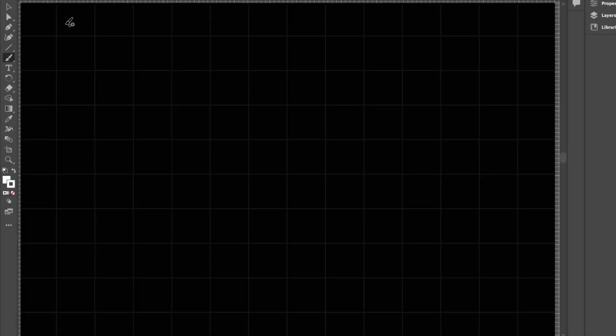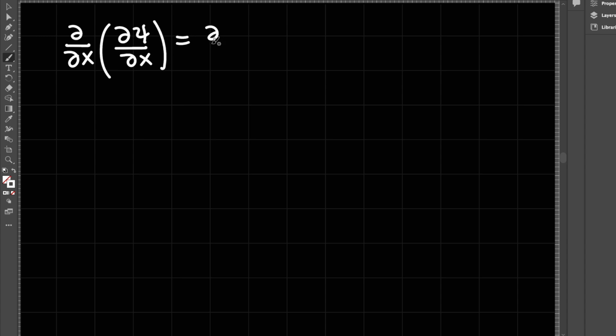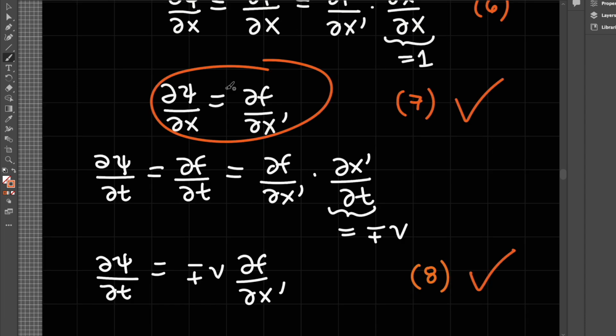So starting from equation 7, let's get partial of x of partial of psi over partial of x. And this is equal to partial over partial of x of partial of f over partial of x prime. Again, this was obtained by applying partial of x to both sides of equation 7.